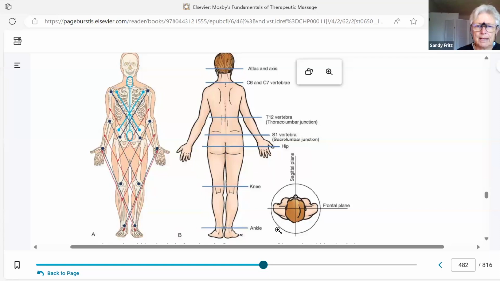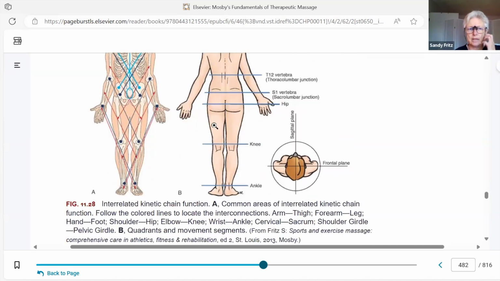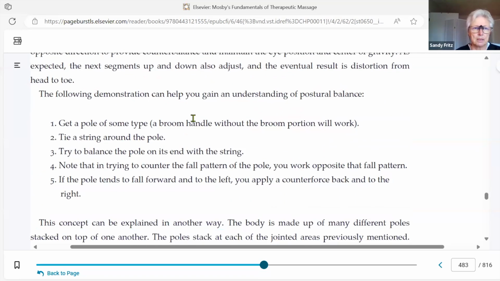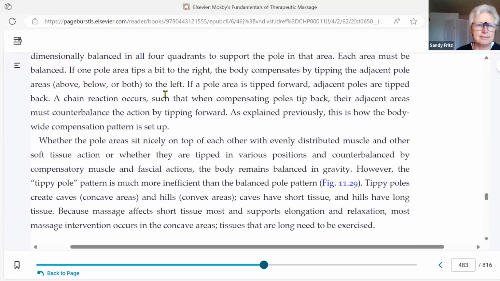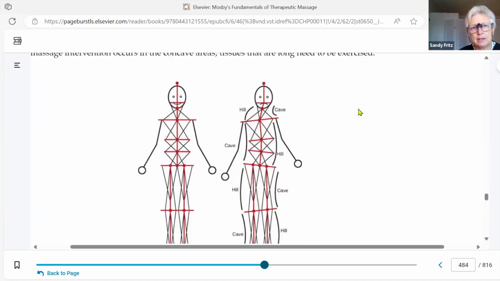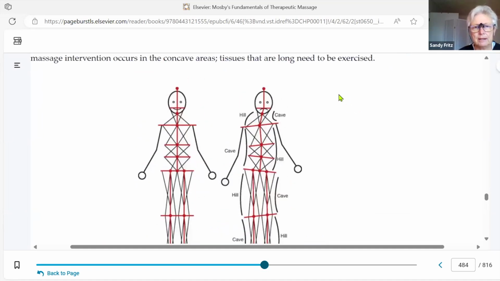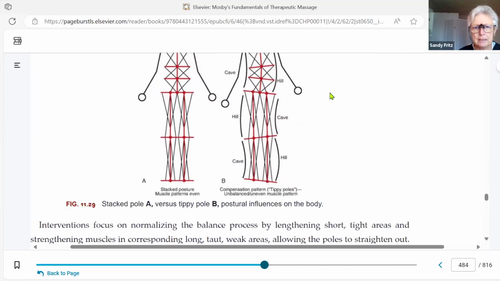So if I've got an issue going on in my shoulder, I'm probably going to have something going on above, in the front and on the opposite side, above and below it. So it's really good to try to get these patterns in your head. So here are some activities to help you internalize that. And here's another representation of that, of the tippy pole idea.